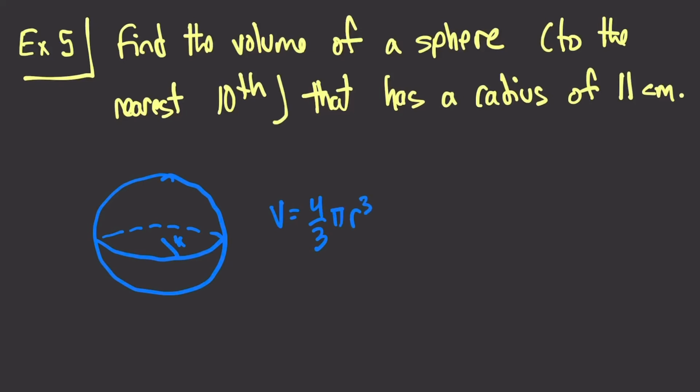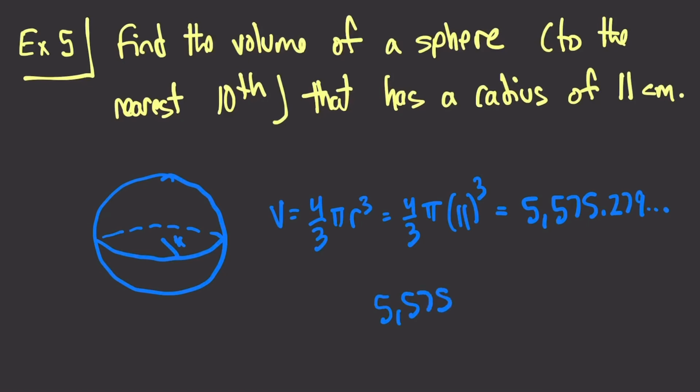I do have the radius, so that's going to be 4/3 pi times 11 cubed. Again, we're going to throw that right into the calculator. I got 5,575.279... So to the nearest tenth, that's going to be 5,575.3. And we're talking centimeters, so that's going to be cubic centimeters.